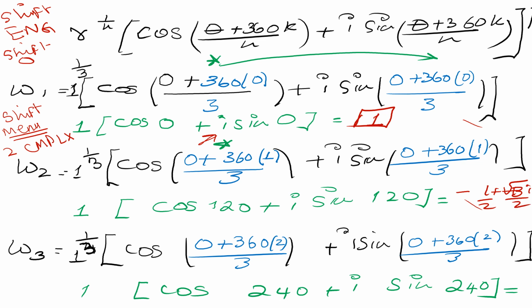Now write the third one, that is cos 240 plus iota sine 240. Write in the calculator and you will get the last root, that is -1 over 2 minus root 3 over 2i. So this is how we solve these questions.